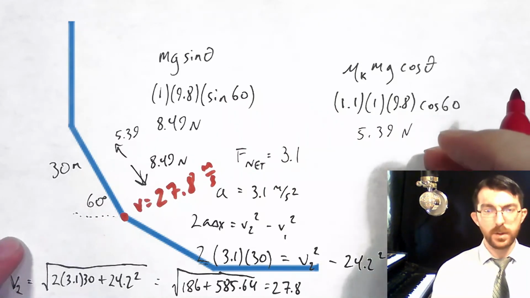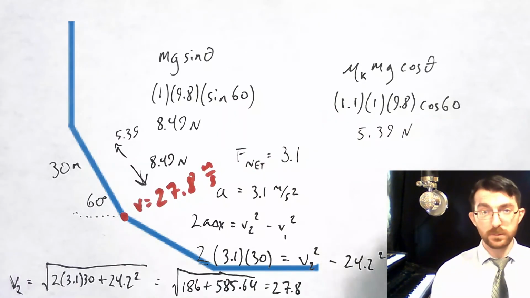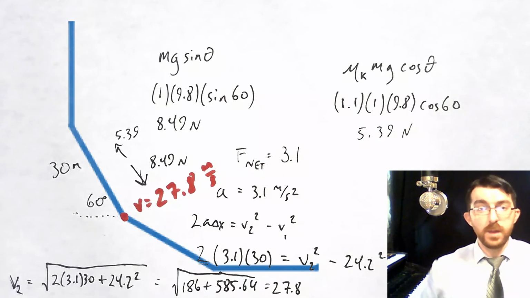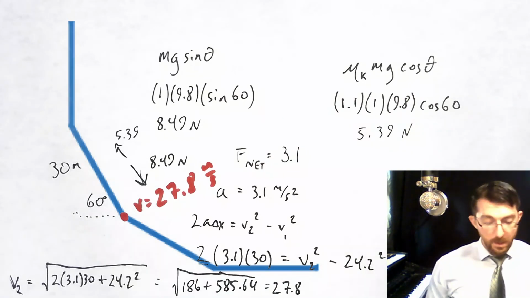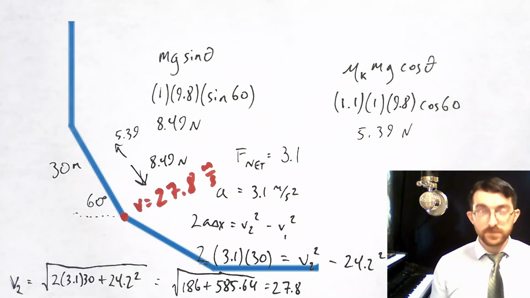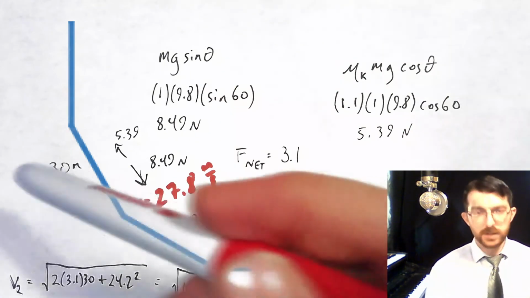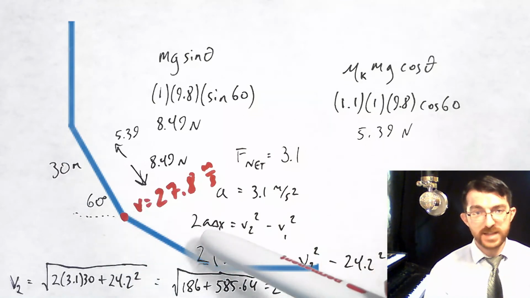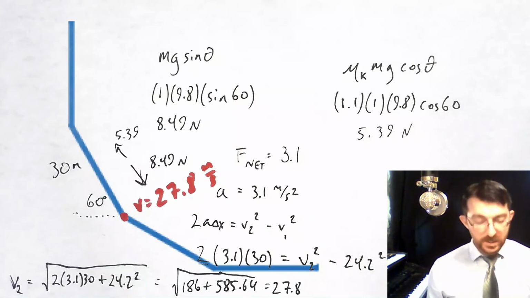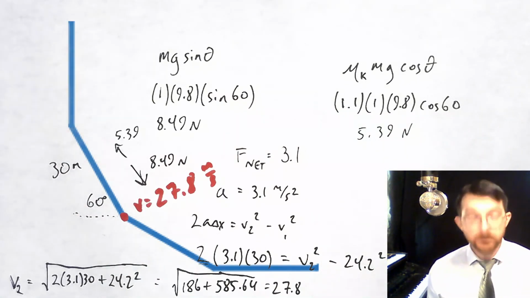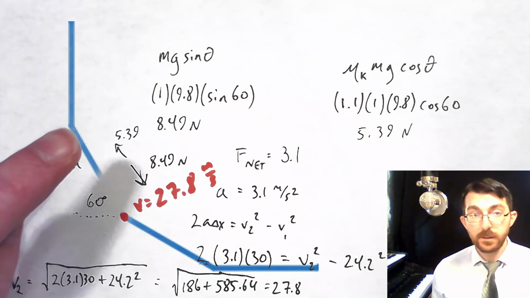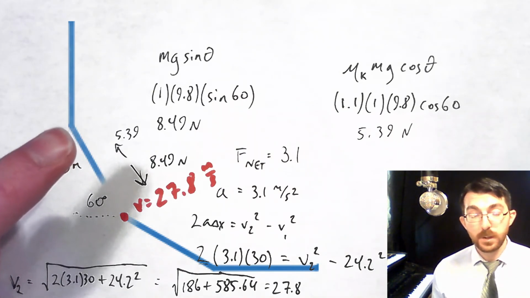Okay, so this is your model for doing all of the other problems, okay? When you're trying to find the final velocity after a leg, one of these little segments, I should say, you need to know the initial velocity, which would have been the velocity that the last one ended on.